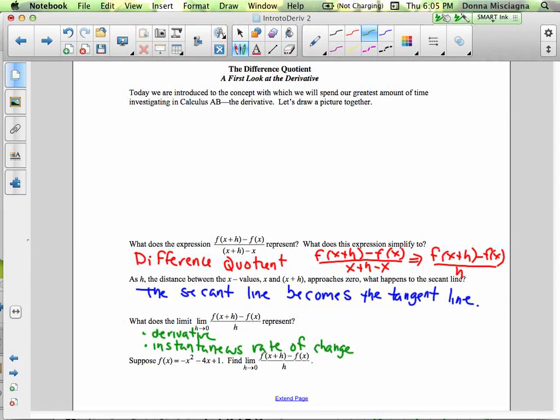Represents velocity. And it represents the limit of the difference quotient, which is the derivative.